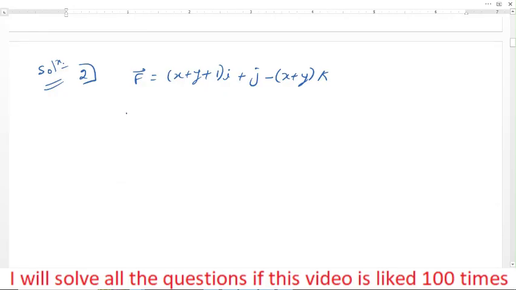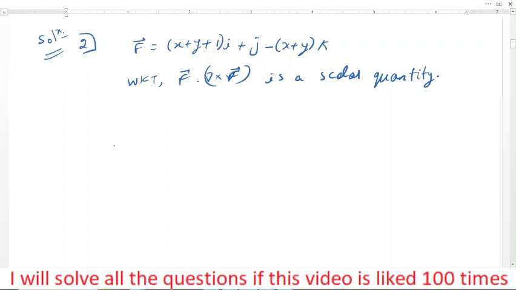We know that f dot curl f is a scalar quantity. So we'll simplify one by one. We'll first compute nabla cross f bar.